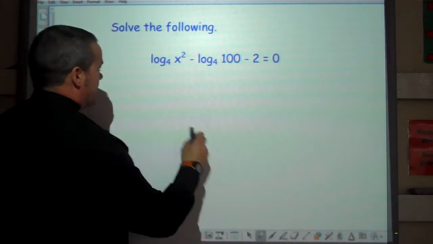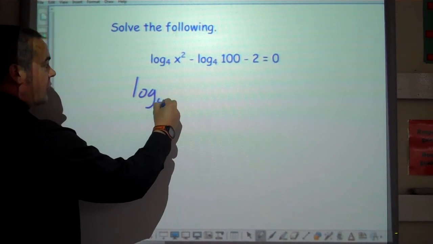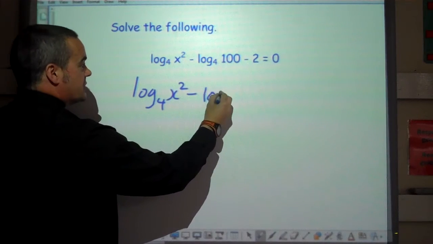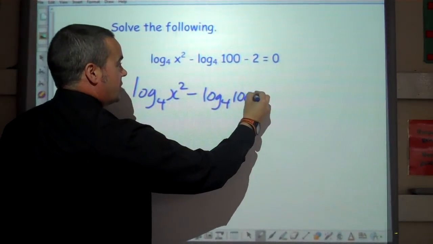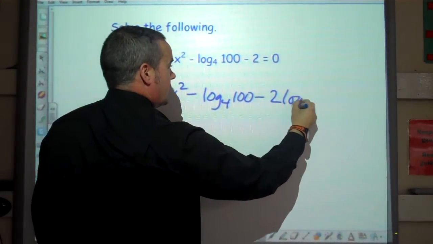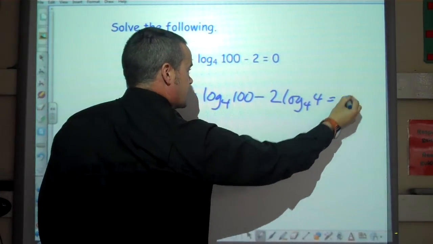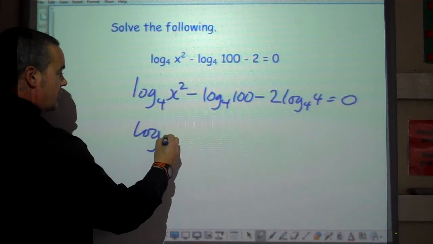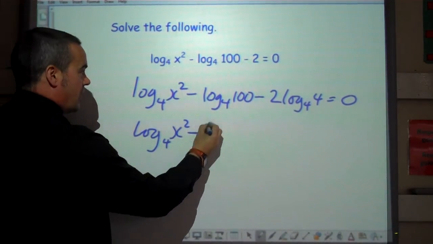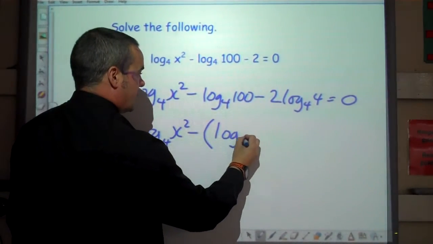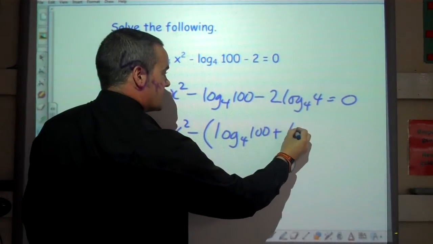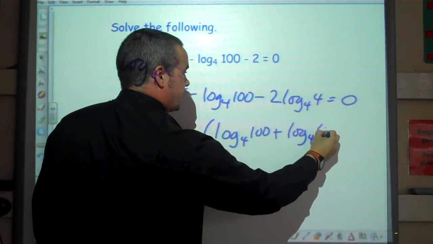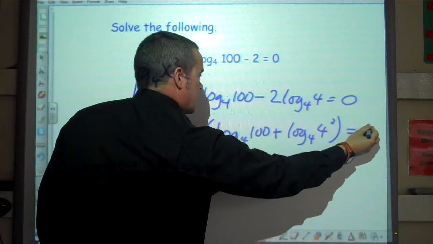You can do the same thing again, so log 4x squared minus log 4 100 equals 2 log 4 of 4, which is 0. And so I can say that log 4x squared minus, I'm going to put these in brackets here, log 4 100 plus log 4 squared equals 0.